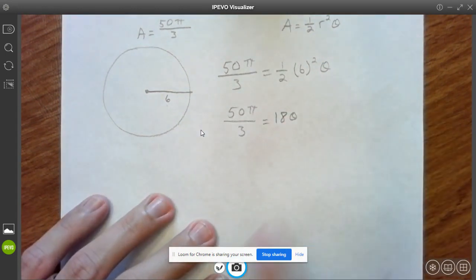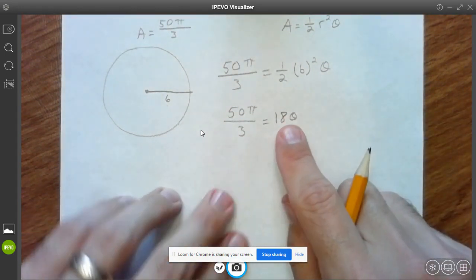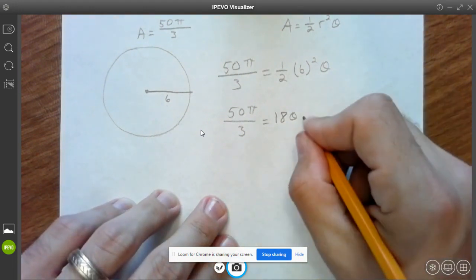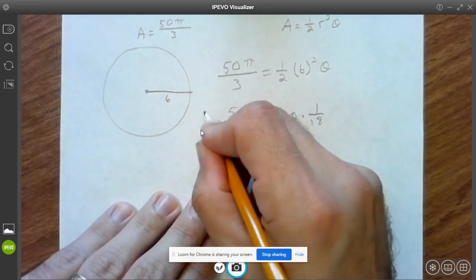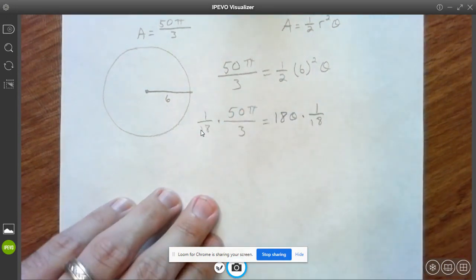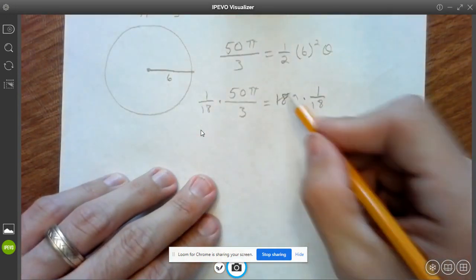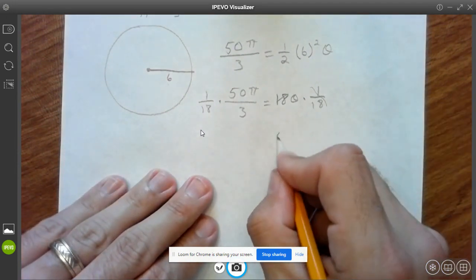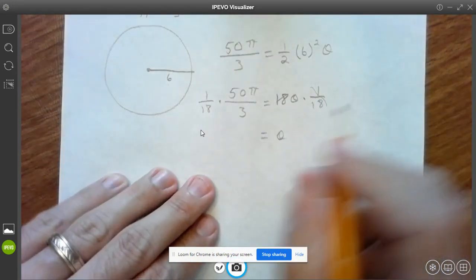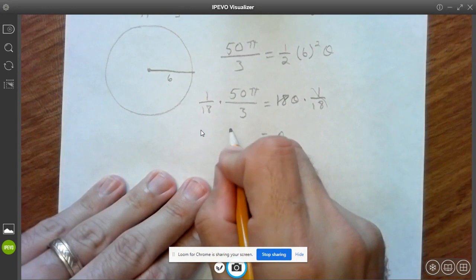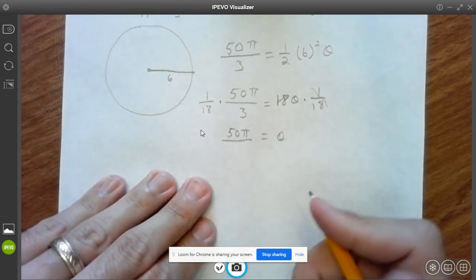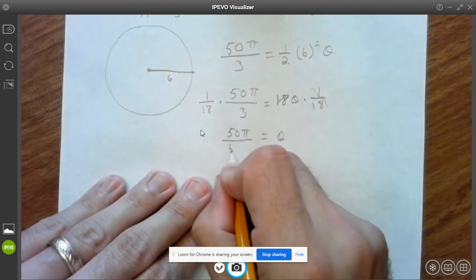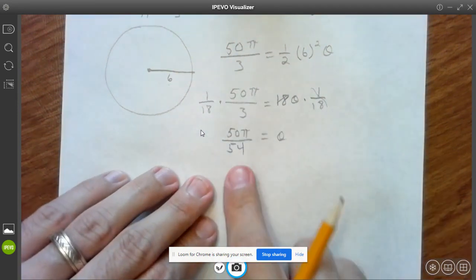And then from here, you could either divide both sides by 18 or just multiply by its reciprocal. So the 18 and 1 over 18 cancel. You wind up with 50 pi over 18 times 3, that's 54. So that would be your answer.